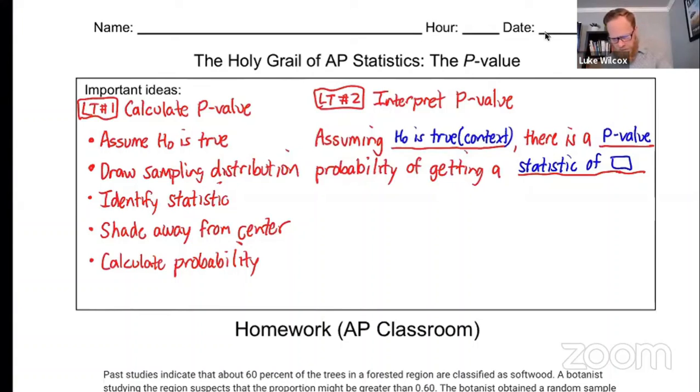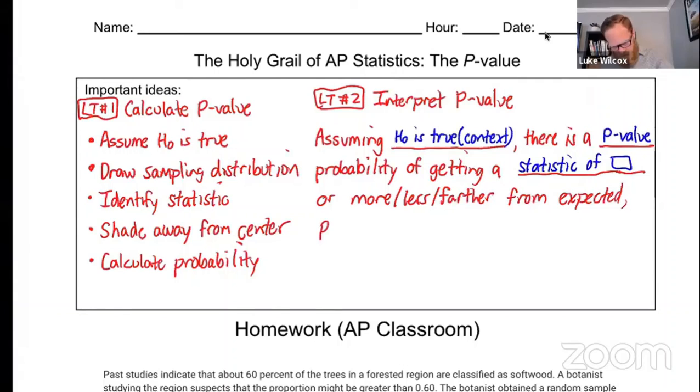Then we say or more or less, or farther, depending on whether our alternative hypothesis is greater than, less than, or not equal to, from expected purely by chance. So there we have a template that you can use in order to interpret the p-value.